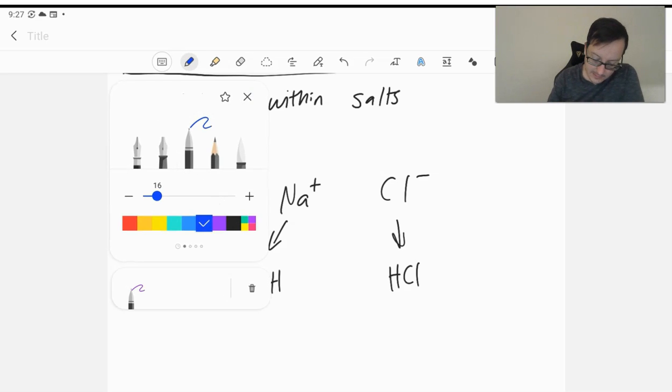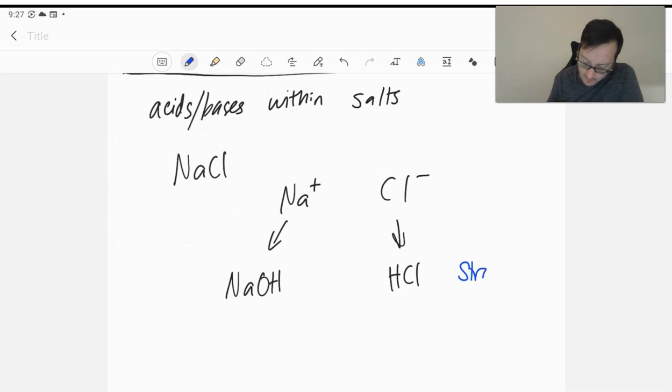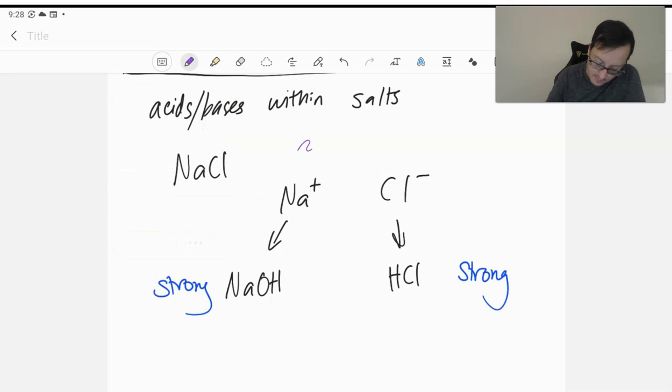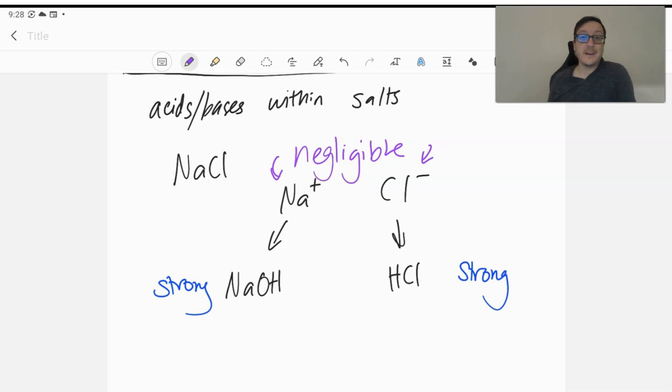These are both strong. We have a strong acid and a strong base, and as a result, we have negligible conjugates. Both sodium and chloride are negligible in terms of their acidity and basicity, so they will not contribute to changing the pH of a solution of NaCl.